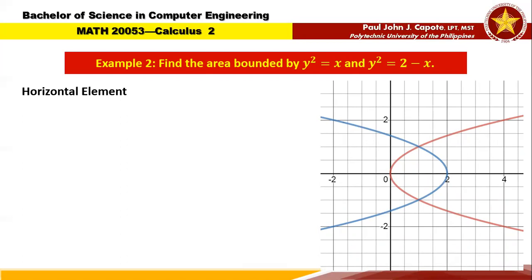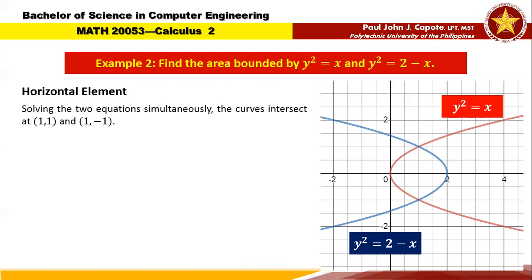The red curve represents the graph of function y squared equals x, and the blue curve for the function y squared equals 2 minus x. Solving the equations simultaneously, the curves intersect at points (1, 1) and (1, -1).